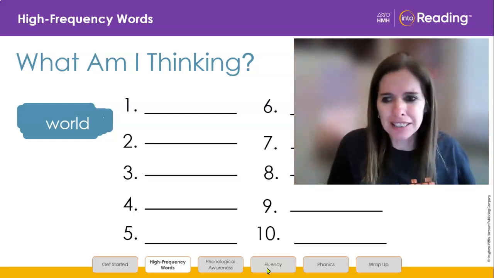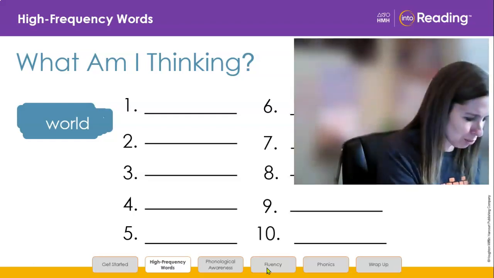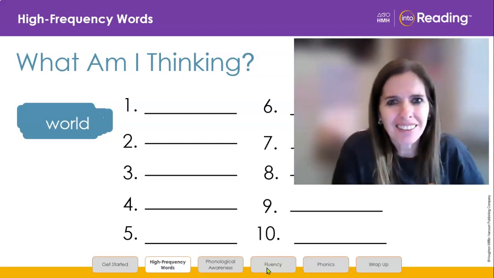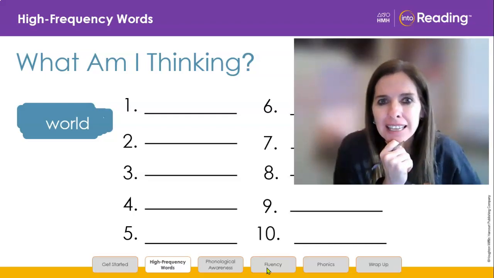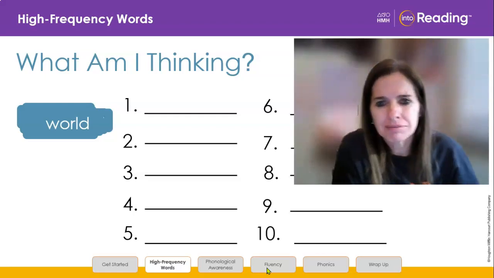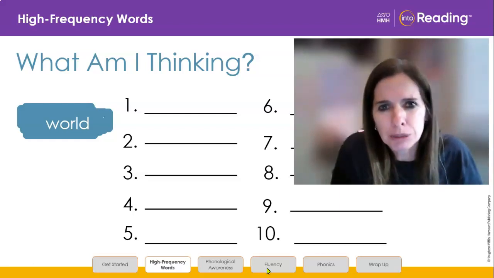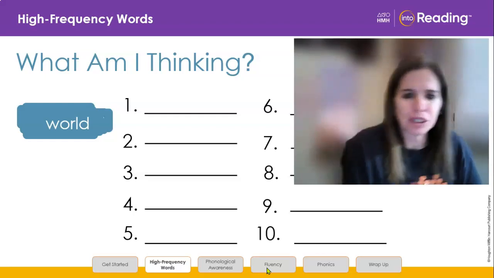Okay, are you ready for the next one? This is number 4. Mystery word number 4. What am I thinking? I'm thinking of a word that has 3 letters. It ends with the letter Y. It has 1 syllable. I just gave you 3 clues for number 4.